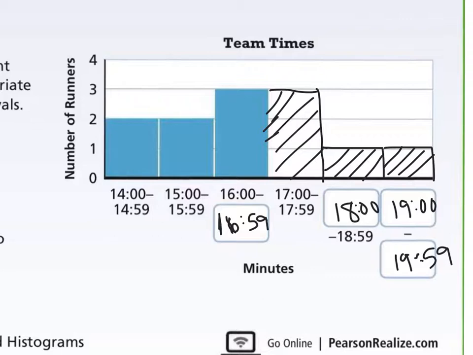So basically, our first bar was 4, now it got split 2 and 2. Second one was 6, now it got split 3 and 3. And the last one was 2, now it got split 1 and 1. Again, there's not a guarantee they're exactly going to be split in half, but each of those two numbers would add up to be the 2-minute interval that we had before.